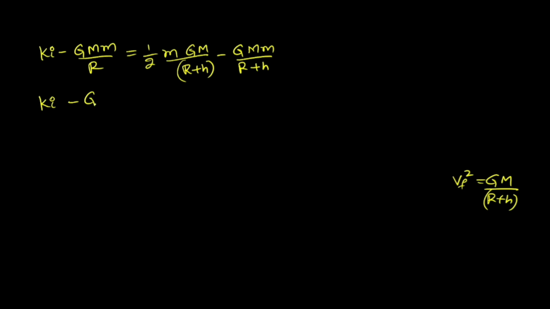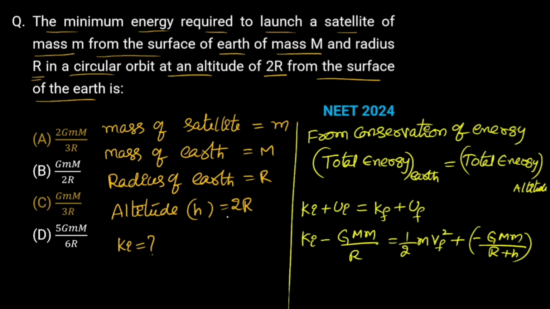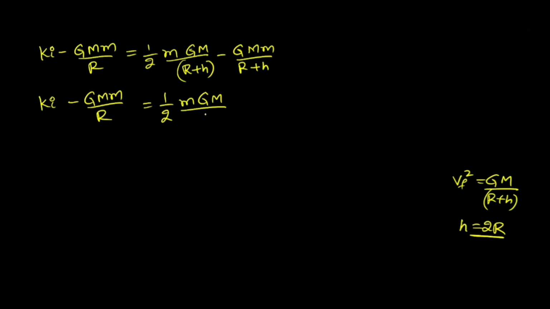Kinetic energy: minus GMm by r equal to half into m into GM by, here h equal to 2r. It is given h equal to 2r, then r plus 2r is 3r. Directly I put minus GMm by 3r.